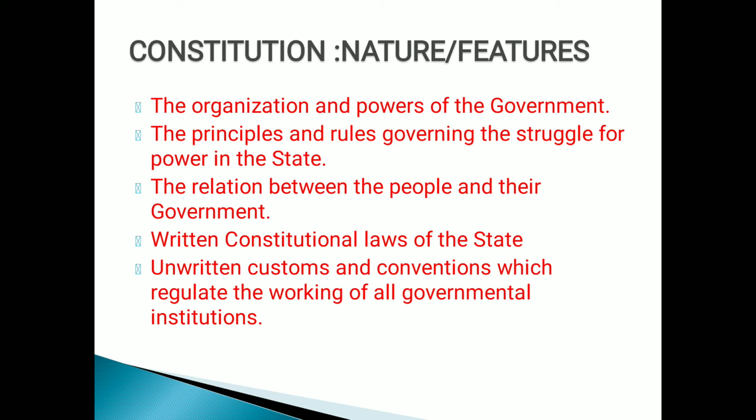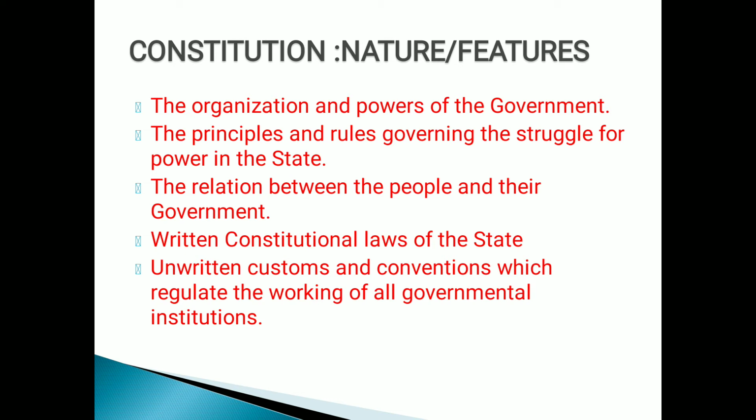The entire machinery of government is organized and worked in accordance with the provisions of the Constitution. However, it must be clearly understood that the Constitution consists of both the written constitutional laws of the state as well as the unwritten customs and conventions, which regulate the working of all governmental institutions in actual practice.